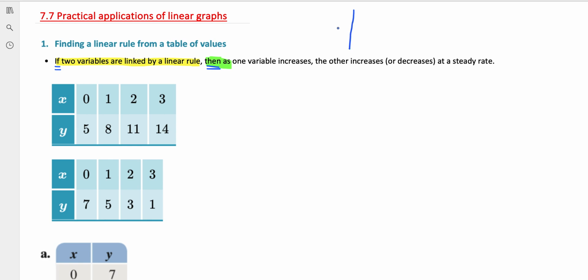Basically, it is saying, if it's a linear rule, and I'm going to draw a small Cartesian plane here, a linear rule will be something like this, okay? If as x increases, in this case, the other increases, that is this case that they have here. This is when it says that it's increasing. Or decreases.